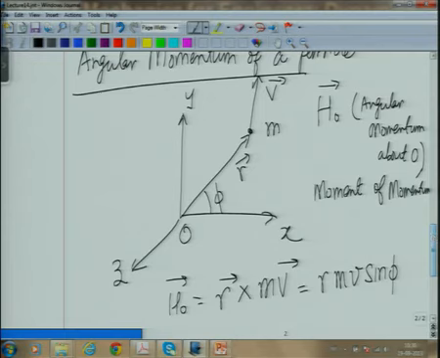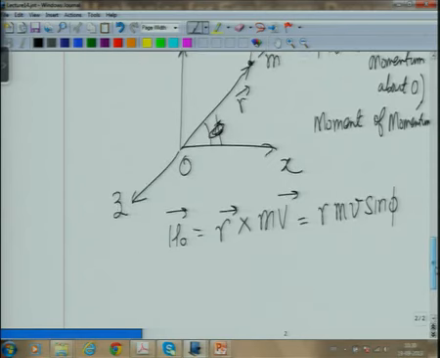Sorry, phi will not be the same. Phi will be the angle between the R vector and the V vector. Then angular momentum about O will be equal to R cross m v, or R m v times sine psi. So the angle between these two.